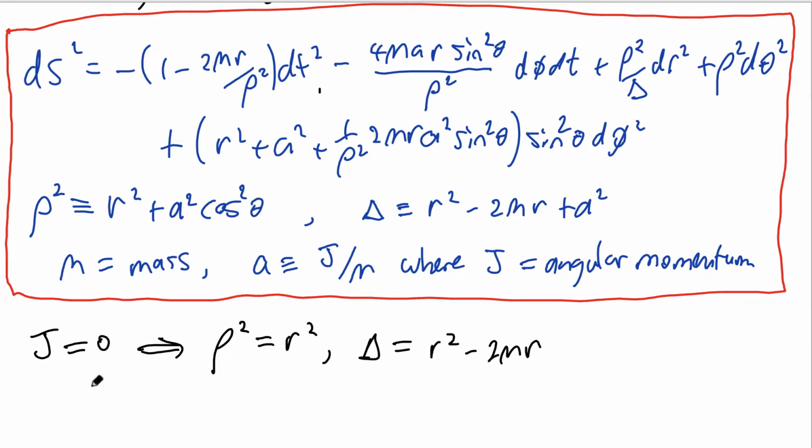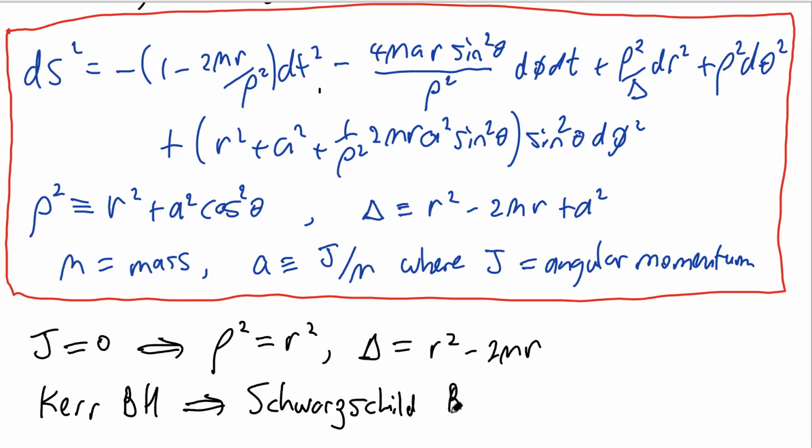So you can see that when J is equal to 0, the Kerr black hole is just a Schwarzschild black hole. In particular, the Kerr metric in Boyer-Lindquist coordinates just becomes the Schwarzschild metric in Schwarzschild coordinates.